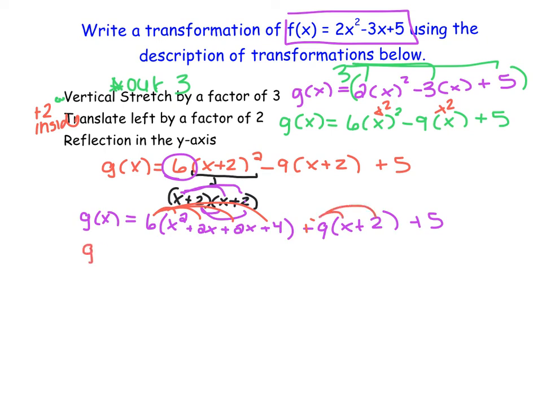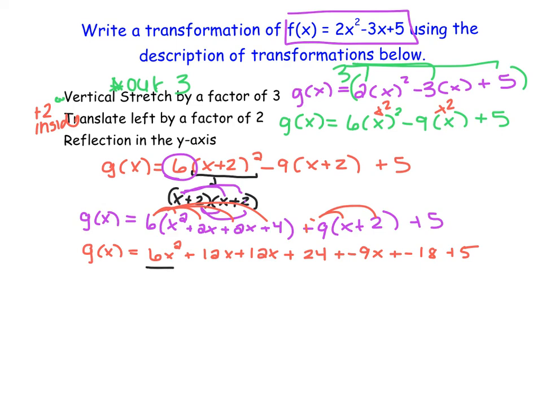So here I have g of x is equal to, that's 6x squared plus 12x plus 12x plus 24. Then we have a negative 9x, a negative 18, and 5. So we have a number of terms that can be combined together.